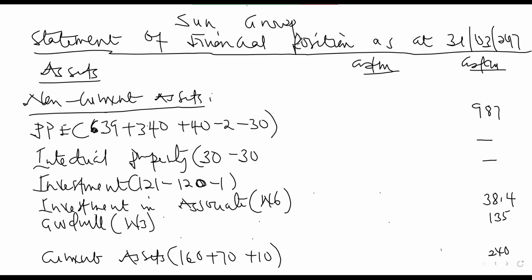So let's put the assets together. 1,400.4. So 1130.4. That's 240. 1400.4.